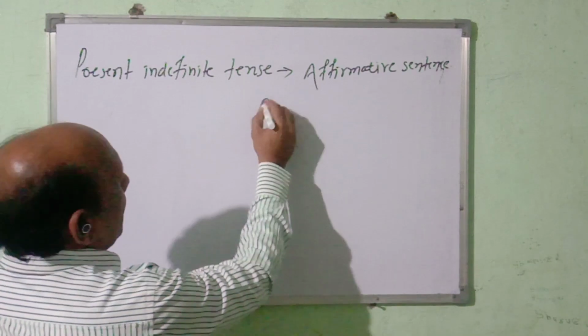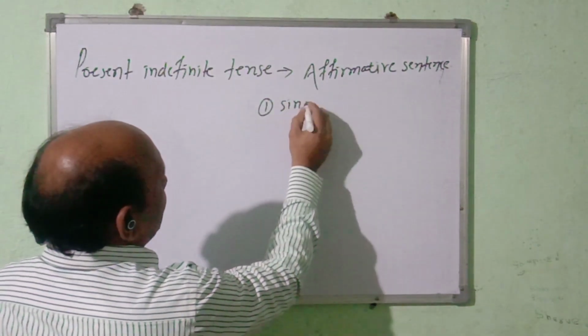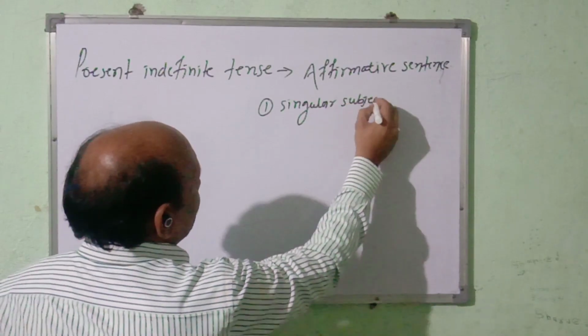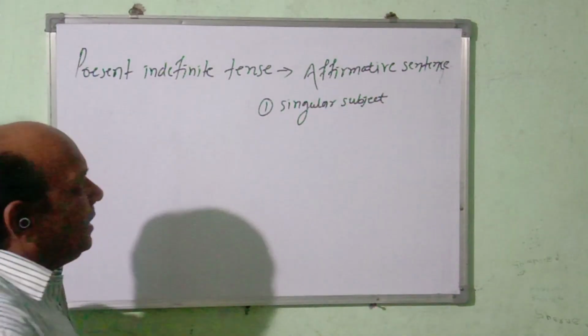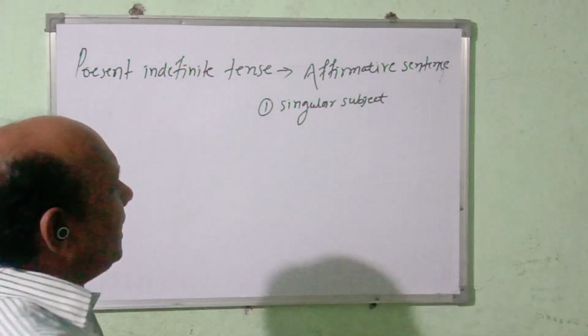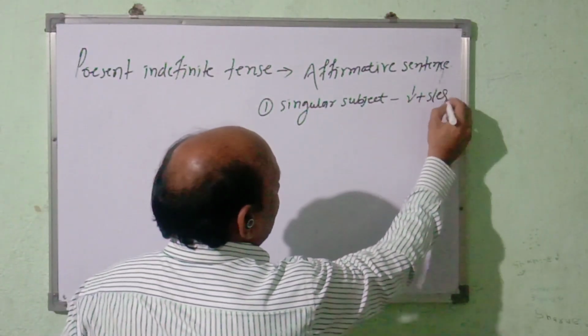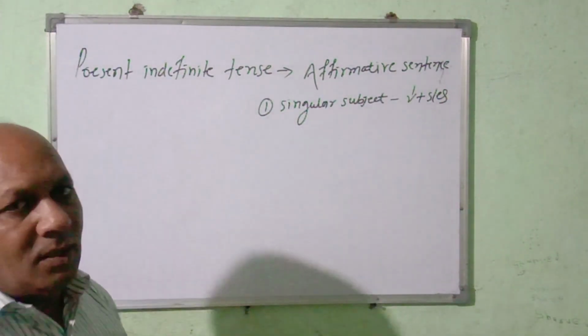First one is the singular subject. When we mention a singular subject in the sentence, at that time you have to use V1 plus S or ES. That is the structure.